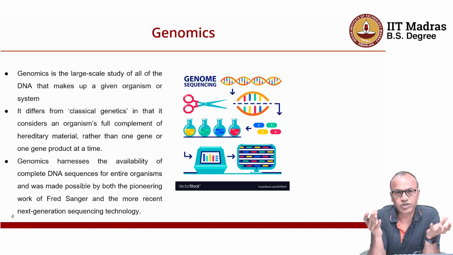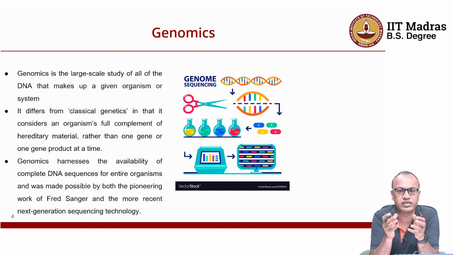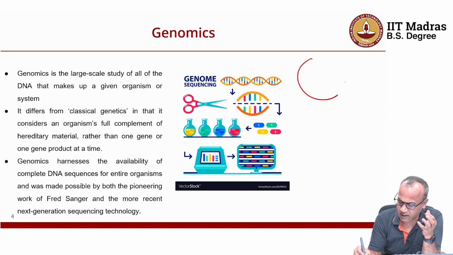So what is genomics? As we have discussed, this is essentially the definition of genomics. It's a large scale study of all the DNA that make up an organism or a system, right? So genome is the whole component of DNA. So if this is your eukaryotic cell, this is the nucleus.